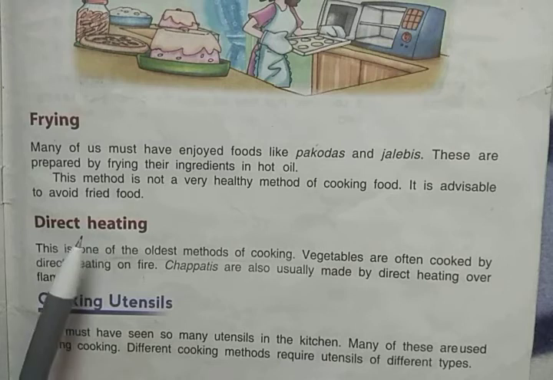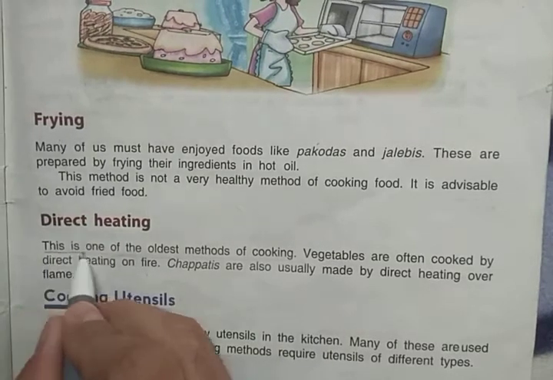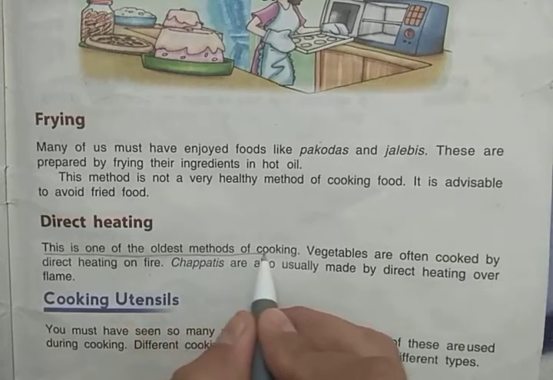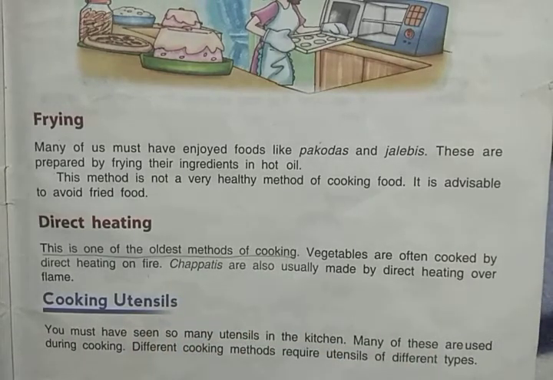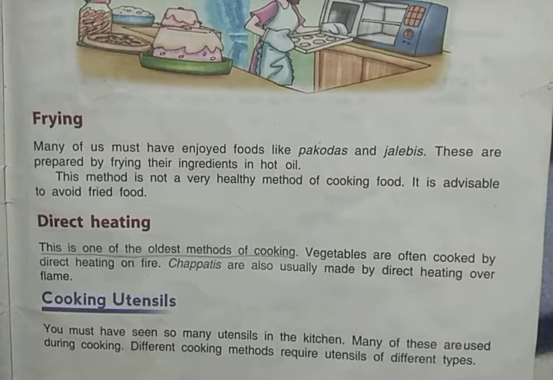It is very important to note that it is the oldest method of cooking. Vegetables are often cooked by direct heating on fire, and chapatis are also usually made by direct heating over flame. So this is the oldest method, direct heating.